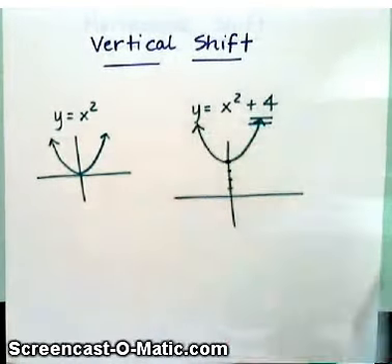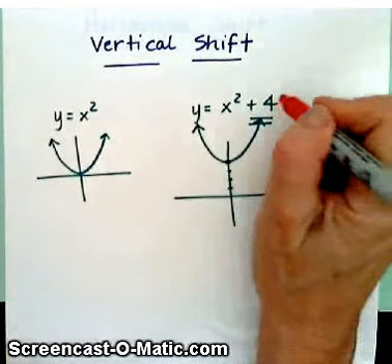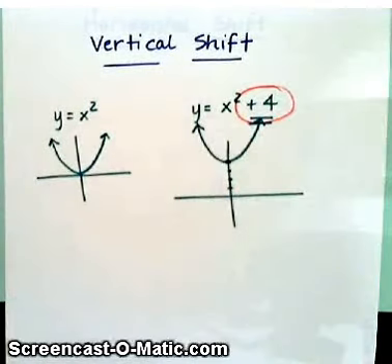A vertical shift is added onto or subtracted from the end of the function. Now, it doesn't have to be at the tail. It can be at the head, too. I could have y equals 4 plus x squared, but it picks up the graph and moves it exactly the amount and in the direction you would guess.